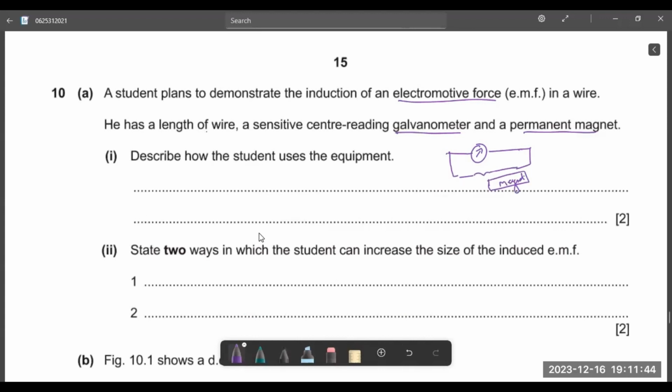If you are moving the magnet near the wire, according to Faraday's law of electromagnetic induction, an EMF will be induced. Here the principle is Faraday's law of electromagnetic induction.